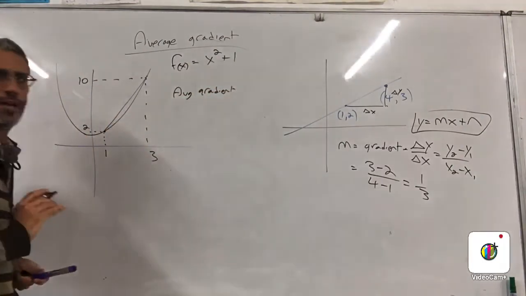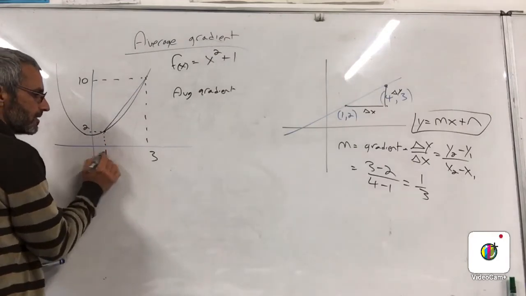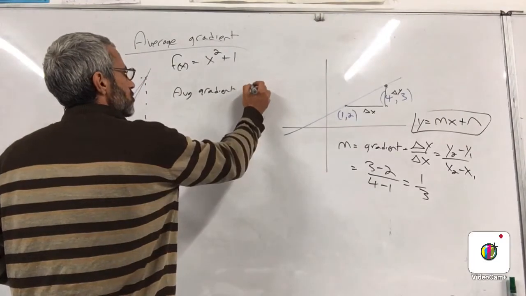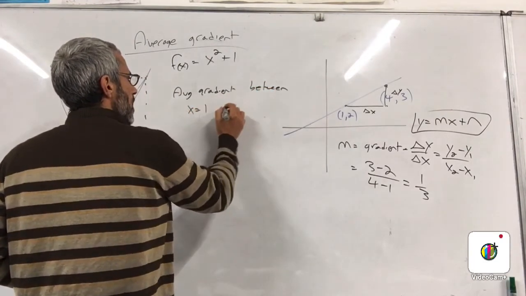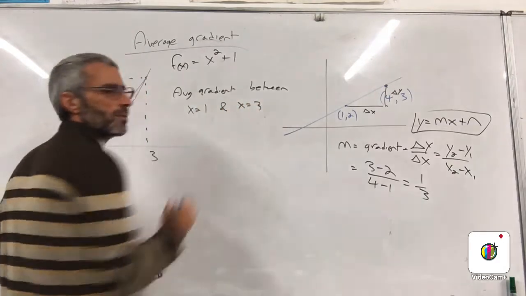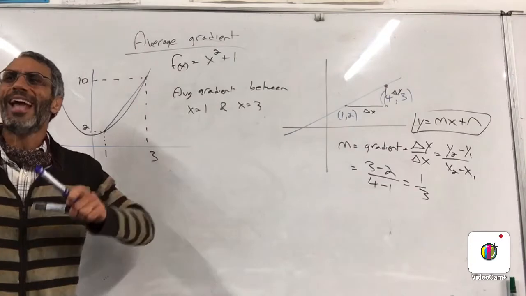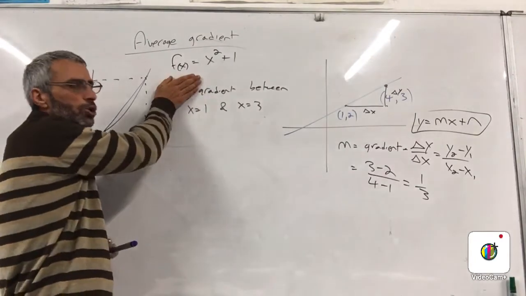Let's leave the word average for a second. Calculate the average gradient between x equals 1 and x equals 3. We're going to do it in exactly the same way, so for now just ignore the word average.